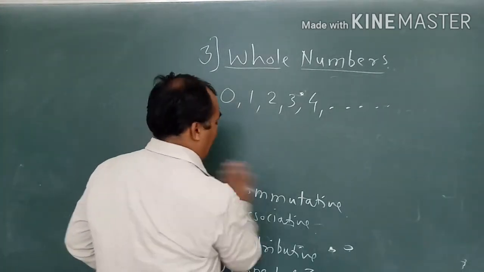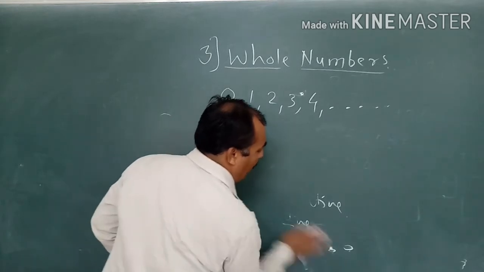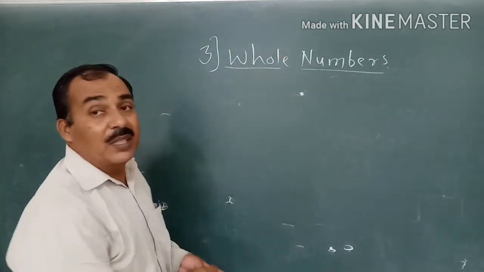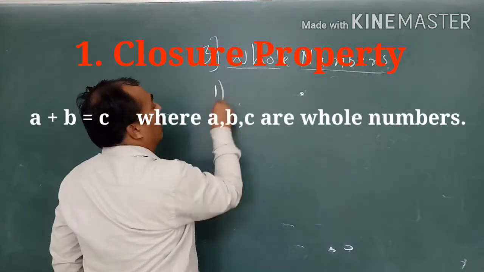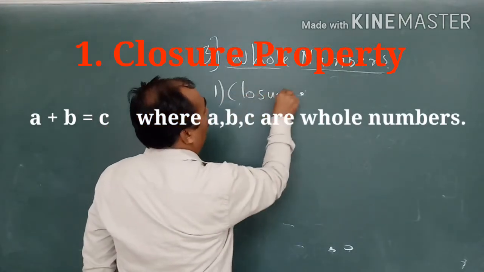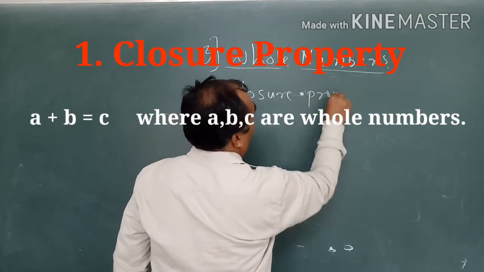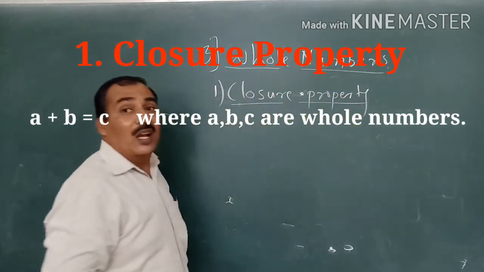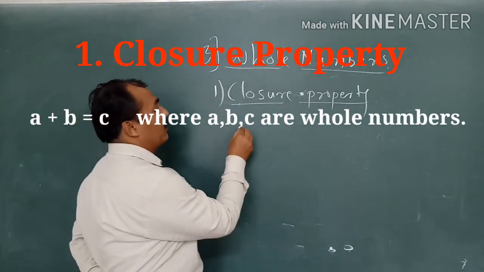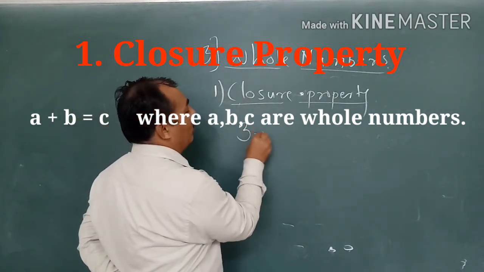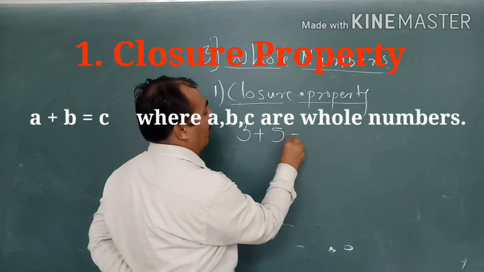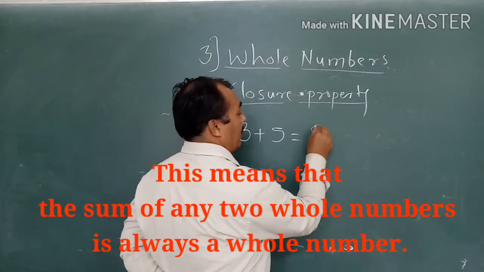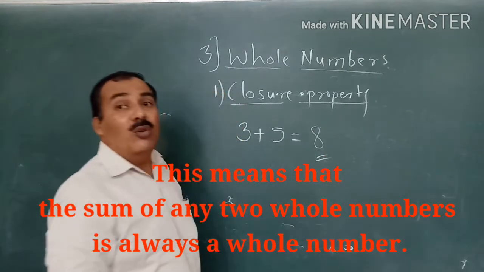First, closure property of whole numbers. According to this property, the sum of any two whole numbers, suppose 3 and 5, both are whole numbers, the sum of them is 8, is always a whole number.